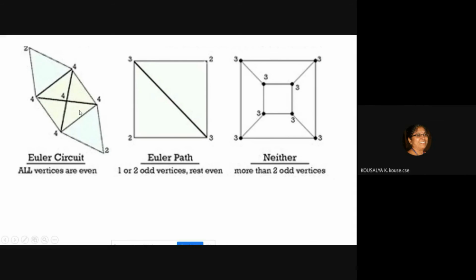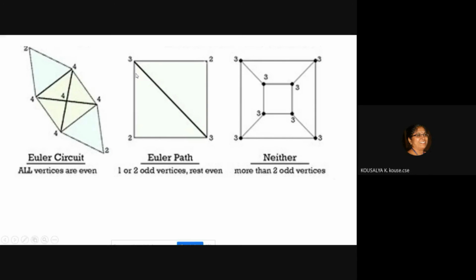We want to identify the circuit, and here you have to consider all the vertices. Assume only one vertex is available outside of this; that time also you consider it as an Euler circuit. Now for the Euler path, assume this graph. The degree of this one is 3, this one is 2, this one is 3, and so on, the number of edges connected to that point.